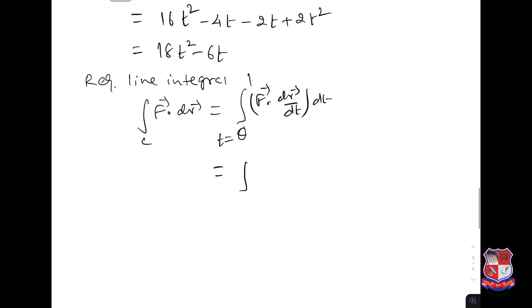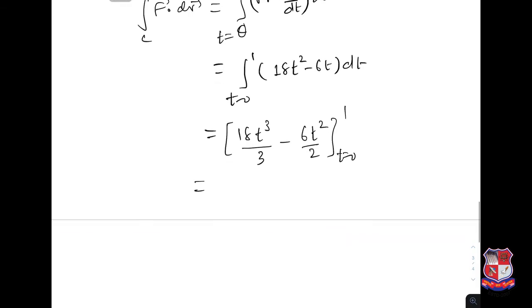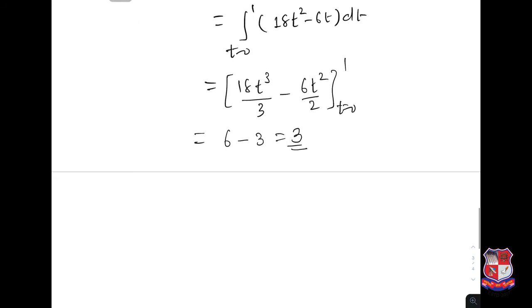That is equal to the integral from 0 to 1 of 18t squared minus 6t dt, so this is 18 t cubed by 3 minus 6 t squared by 2, from t equal to 0 to 1. So that is 6 minus 3, and the answer is 3.